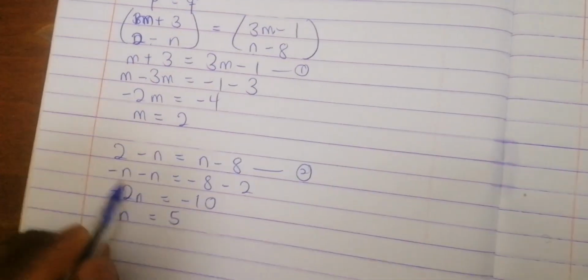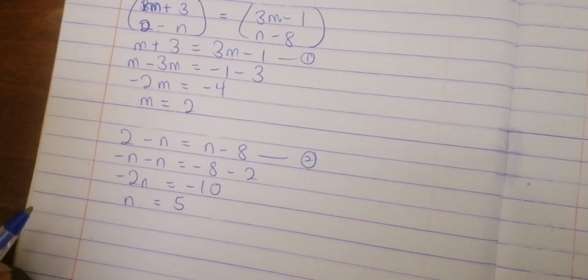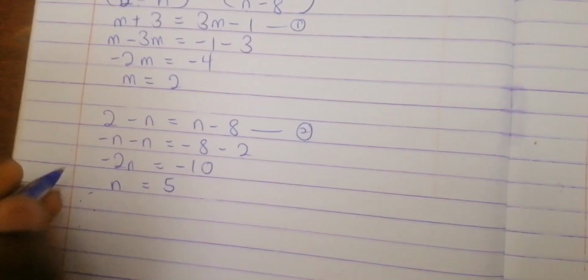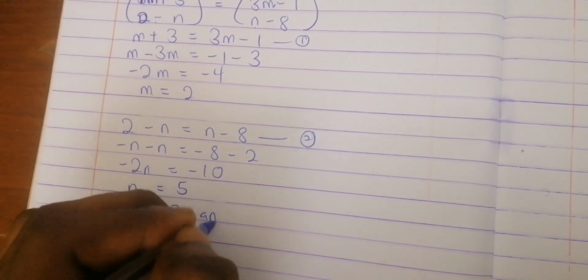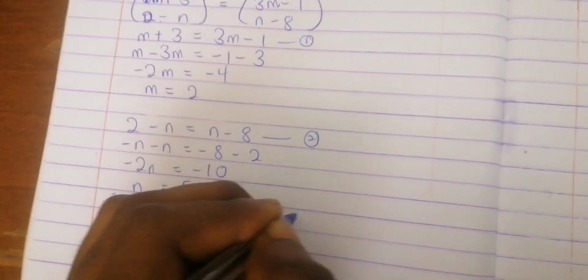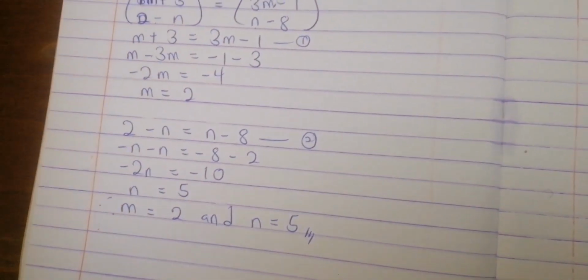Therefore m is equal to 2 and n is equal to 5. This is what we call equality of vectors. Now let's move to the second aspect of this.